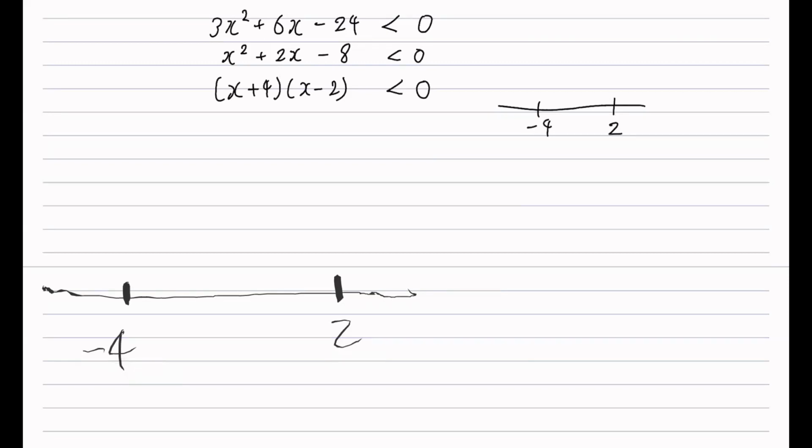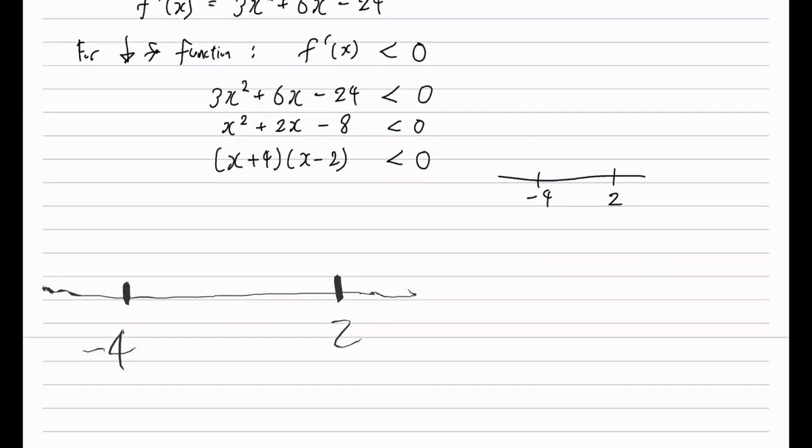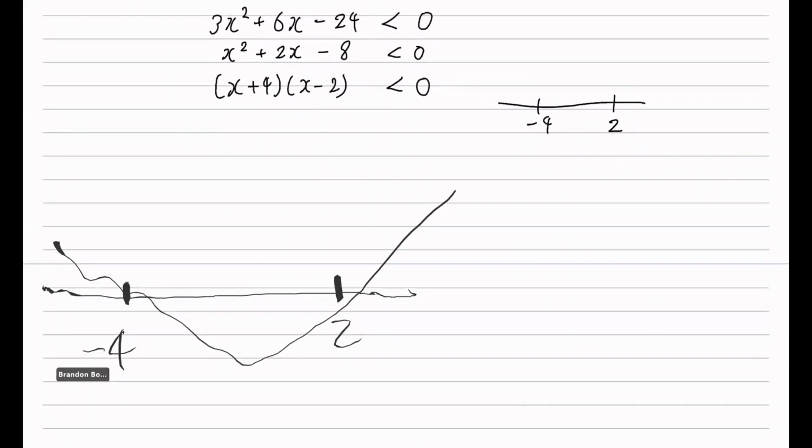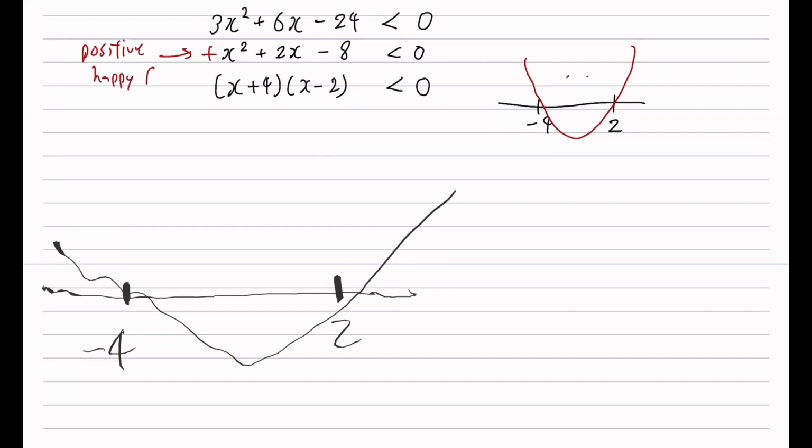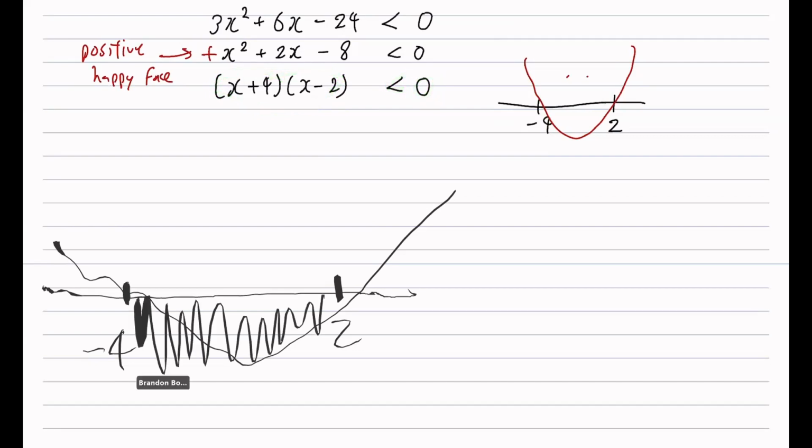So this one, positive x squared, happy face. Positive is happy, right? So happy face. Okay, then in this case, why do I draw this happy face? It's because when we say this guy less than 0, what we are referring to is the part of the graph that has negative y coordinates, which are these guys, right?